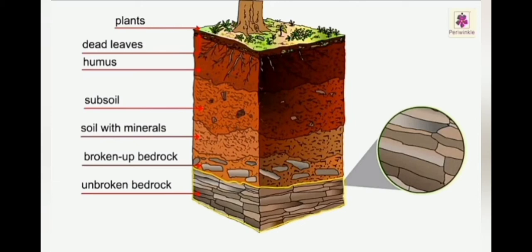B, which is the subsoil, is the middle layer of the soil present below the topsoil, which contains the broken pieces of rocks. And C, which is the lowest part, is also known as bedrock. It is the bottom layer of soil and is quite deep inside the earth. It has larger pieces of earth's crust. Okay, that is rocks.